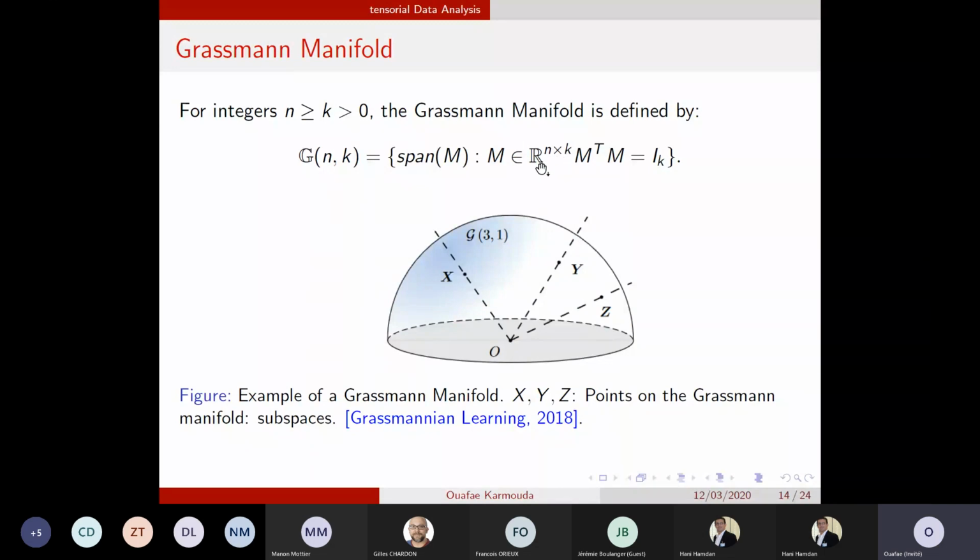And if we change the basis vectors of this subspace, we clearly change the matrix M, but we will be able to reconstruct the same subspace. So that's clear, and this is a very interesting property that we'll be using just later. For example, G(3,1) is the Grassmann manifold that contains the set of subspaces of dimension 1, which means lines, in the space.